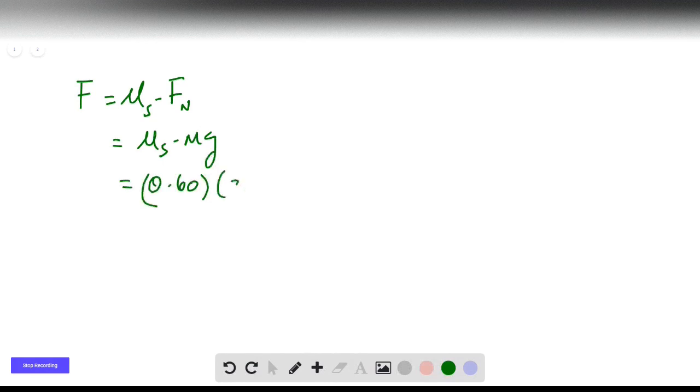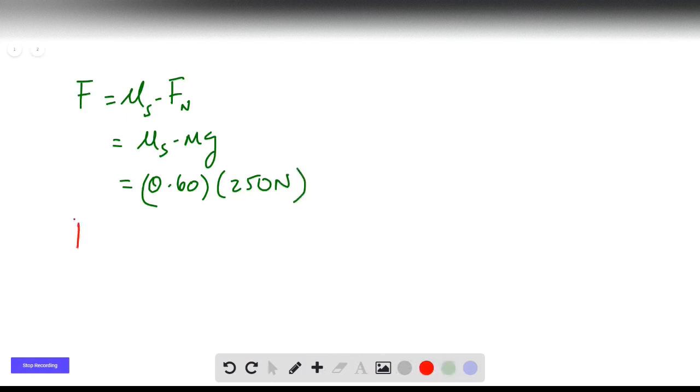we'll just jump onto the next page to make it more presentable, F equals mu static friction times the normal force, Fn, which becomes mu static friction times mg, 0.60 times the weight, which is 250 newtons.